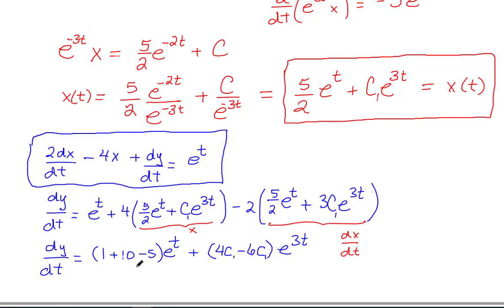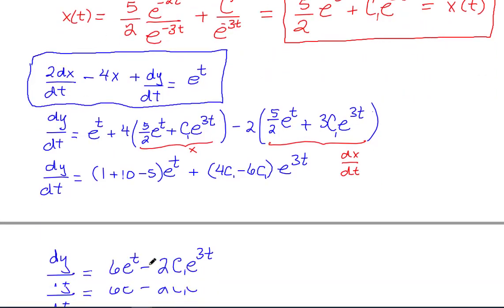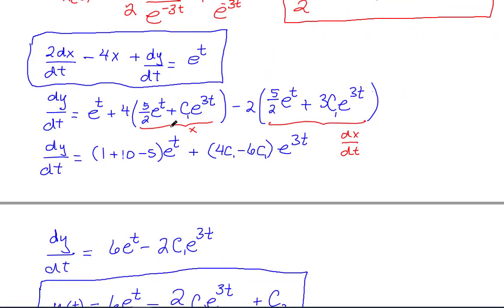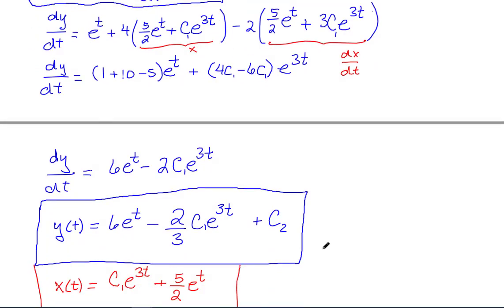All right, so cleaning all this up, what do I see? Well, for the e to the t, I've got a 1 here. I've got a 10 there. I've got a minus 5 there. And now I'm putting together the e to the 3t terms. And so I get dy dt is this term.